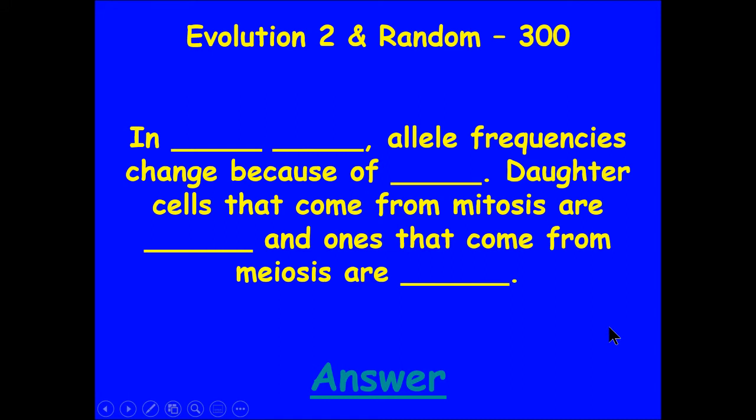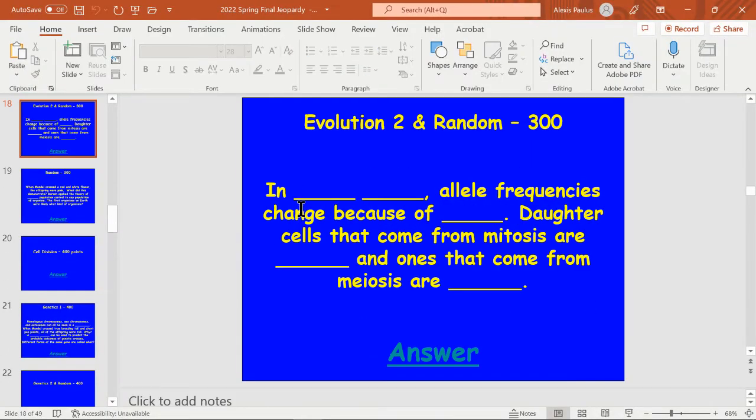In blank blank, allele frequencies change because of blank. Sorry, I know that that's very obscure. Daughter cells that come from mitosis are blank, and ones that come from meiosis are blank. Actually, I'm going to change this.